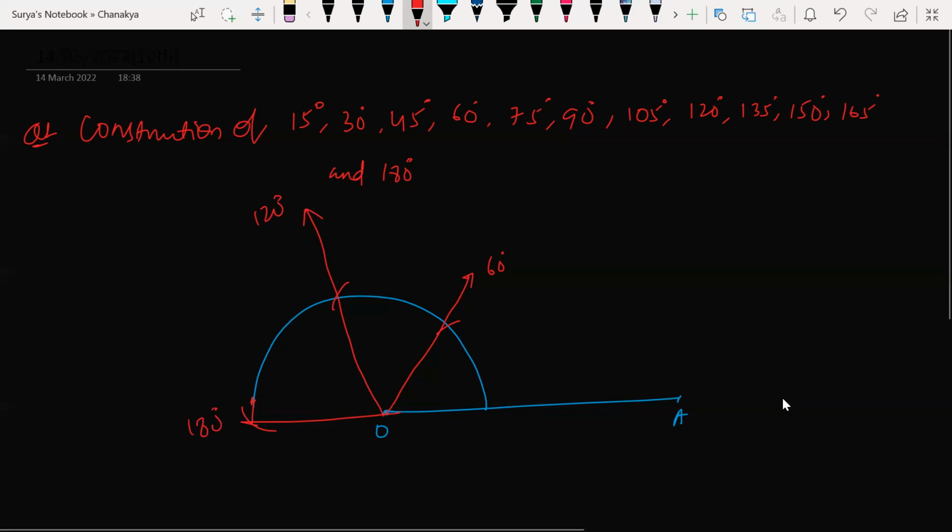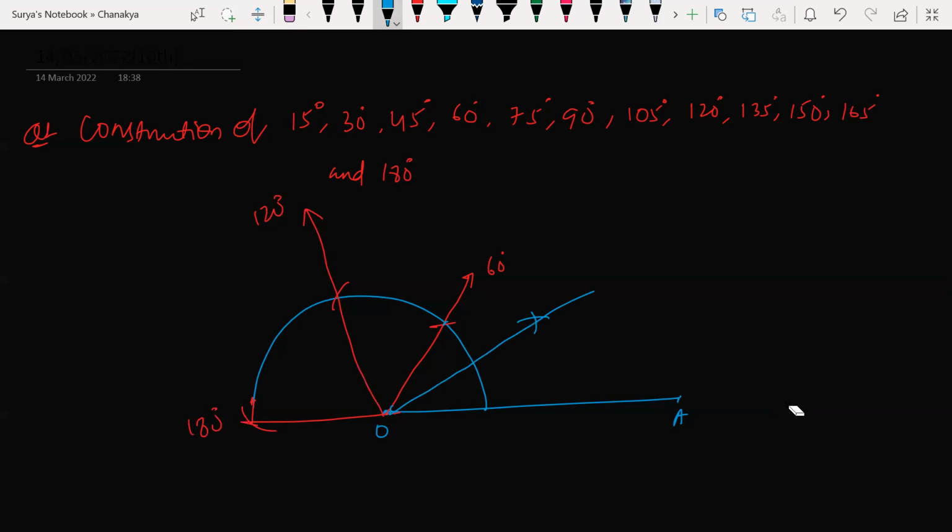Now look at this here. For drawing 30 degrees, this is my 60 degrees, right? What do you do, beta? Tell me. Yes, from this point, I'll draw an arc. Yes, Anudeep, continue.